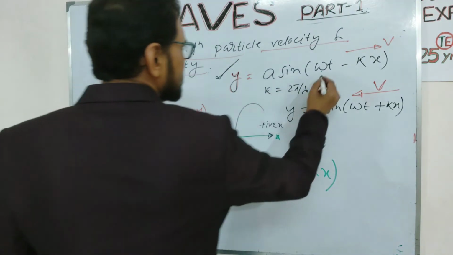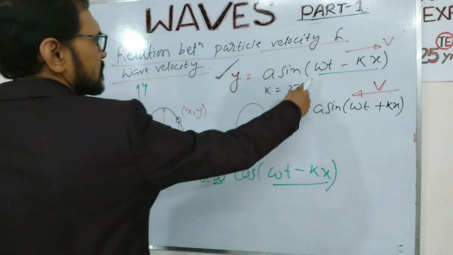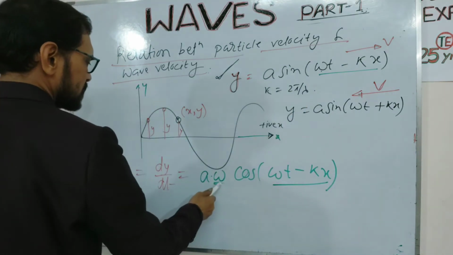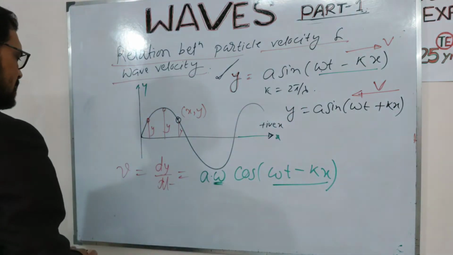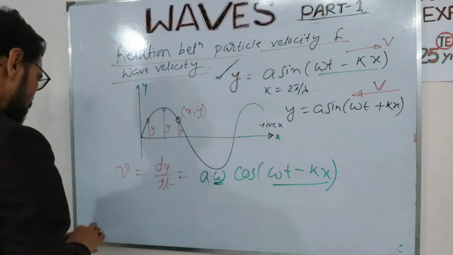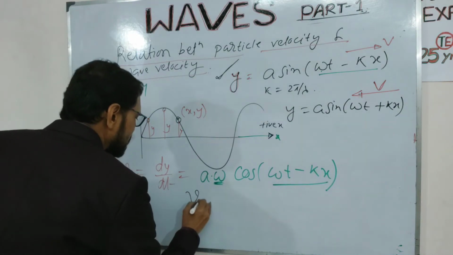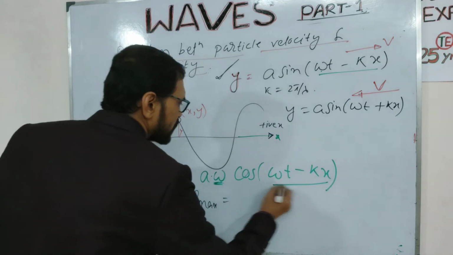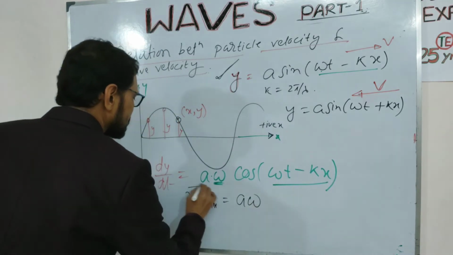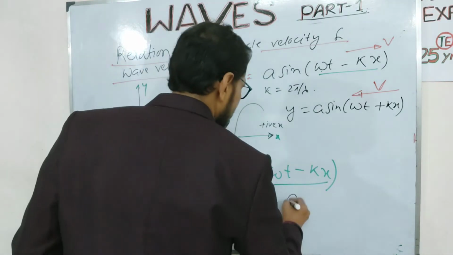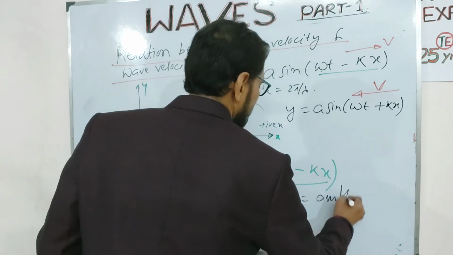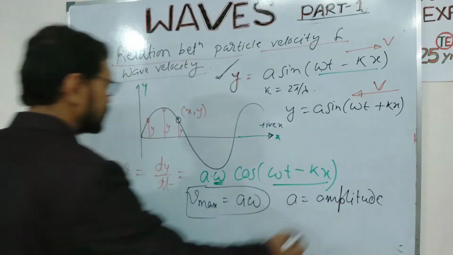This is the velocity of the particle. So the maximum velocity of the particle will be v maximum. The maximum of cos is 1, so aω. Here a is not acceleration, a is the amplitude.